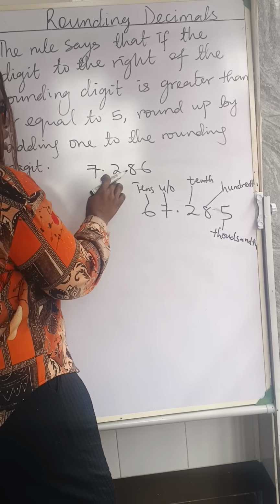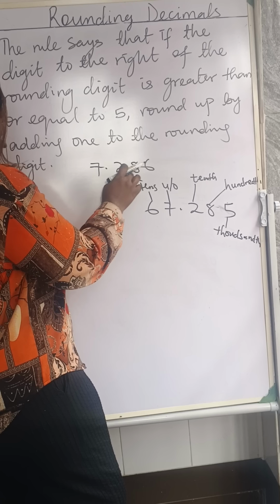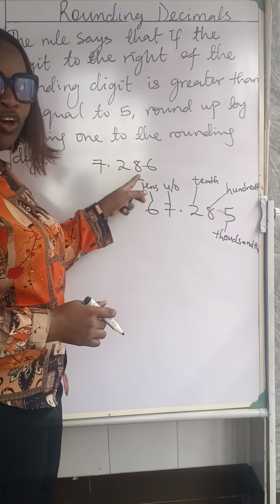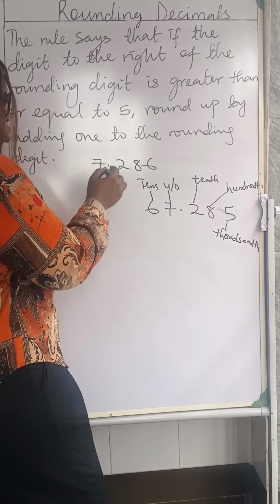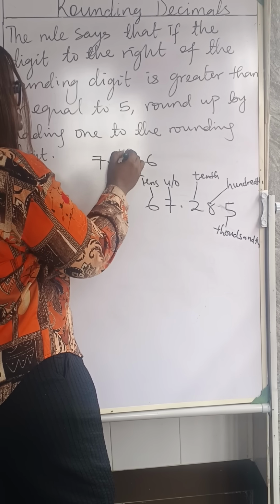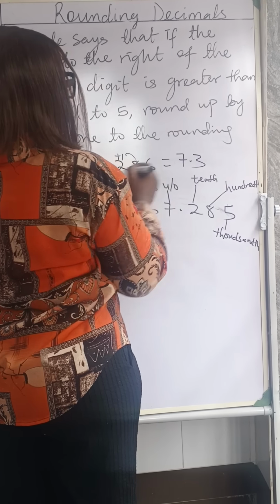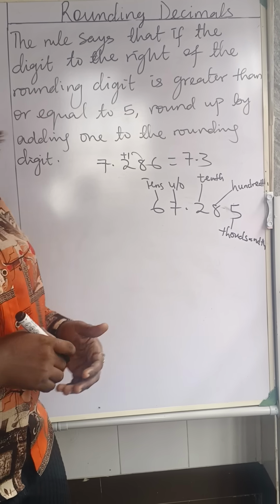This is the tenth here too. And they say we are rounding it off to the nearest tenth. And this 8 here, according to the rule, is up to 5. So it's going to have an effect automatically on 2. So we are going to have plus 1 on this 2, and the answer will be 7.3 to the nearest tenth.